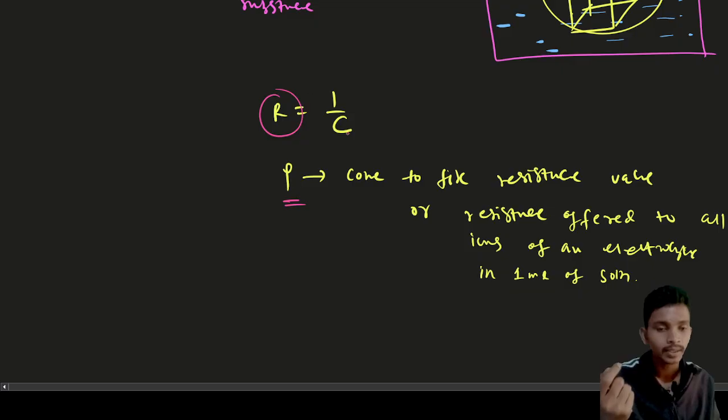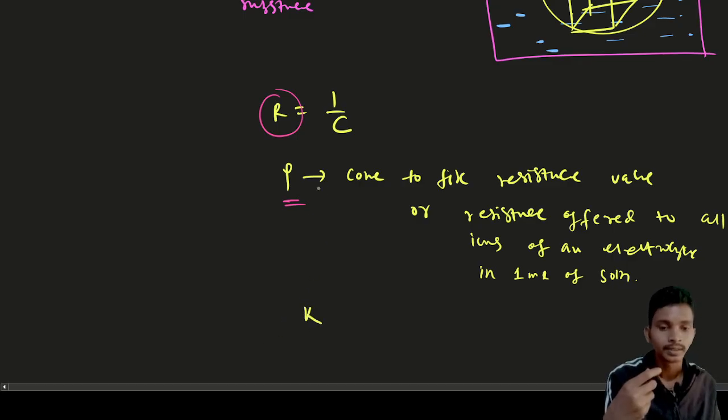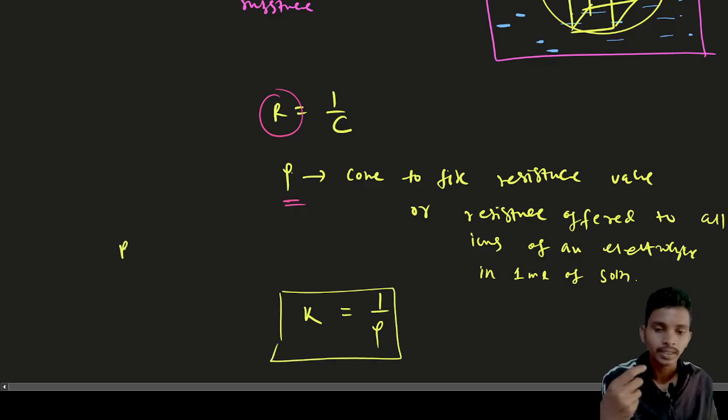So resistance is 1 by conductance, and there has to be a word which is reciprocal to this. So the specific resistance comes to fix the resistance value, and similarly a term came, that is called conductivity, which is reciprocal of this specific resistance, because resistance is 1 by conductance, or we can say conductance is 1 by resistance.